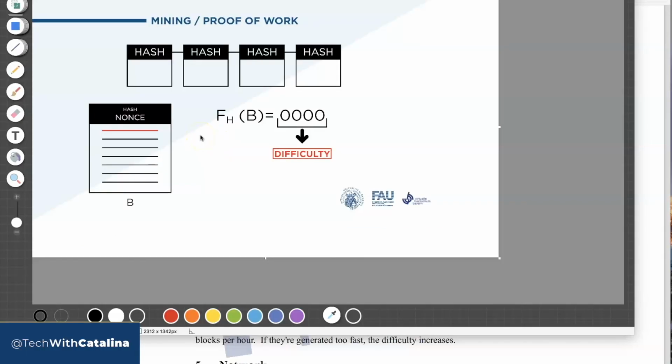And this piece of information, this puzzle, this mathematical problem is called the nonce. And that's why we highlighted it before. This concept is super important, and the nonce is included in the header of the block.